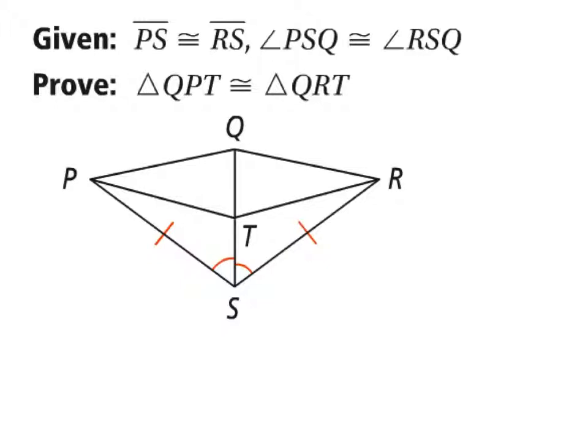But we are trying to prove that triangle QPT, again, it's very important that you trace these things out so you know exactly what you're talking about, is congruent to triangle QRT.